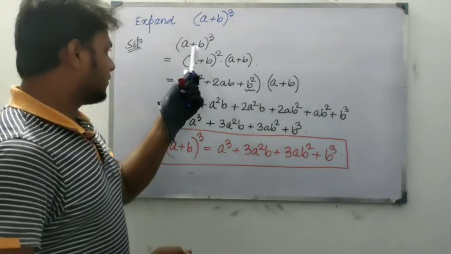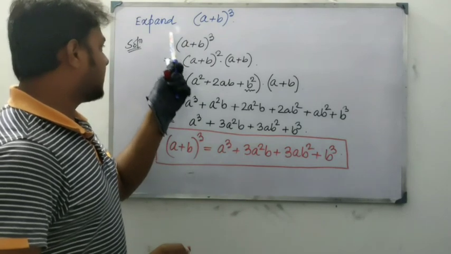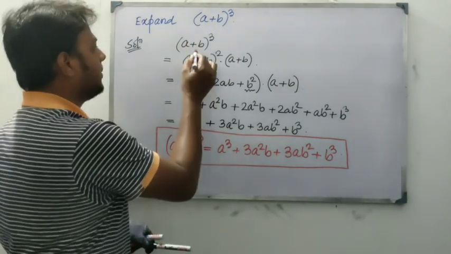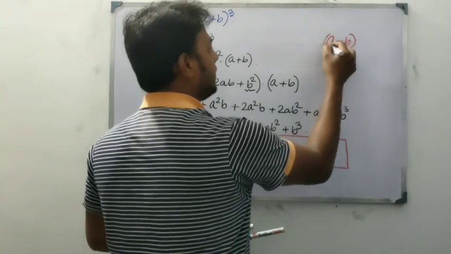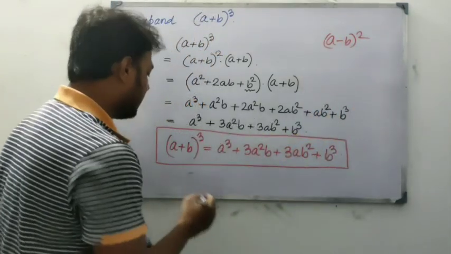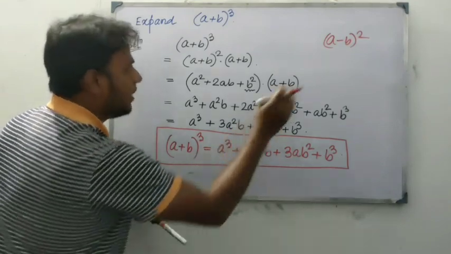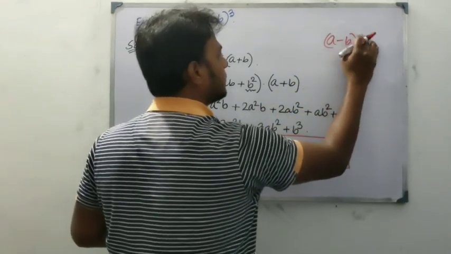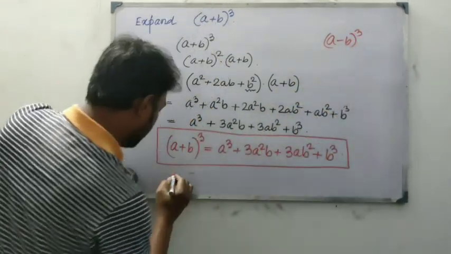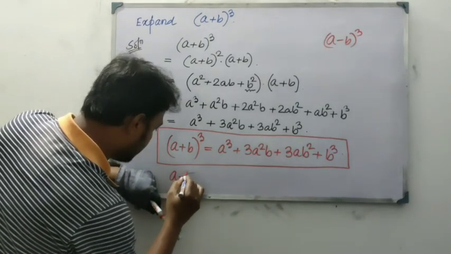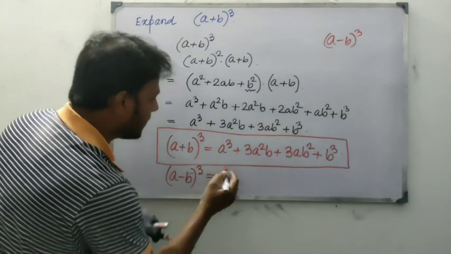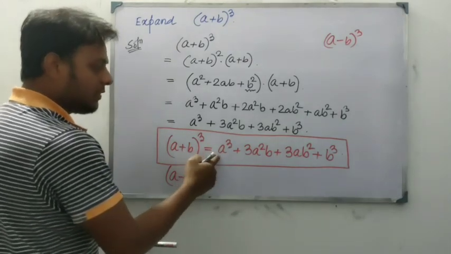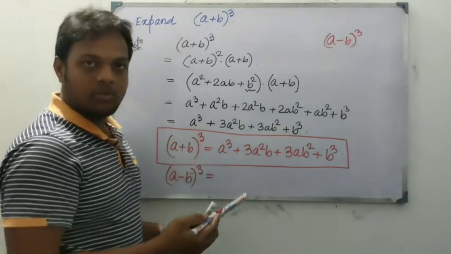Similarly, if you expand (a - b) whole cube, in a similar way you will get (a - b) whole cube equals, these two are basically the same, just the signs will be changed. Signs will be in alternate form.